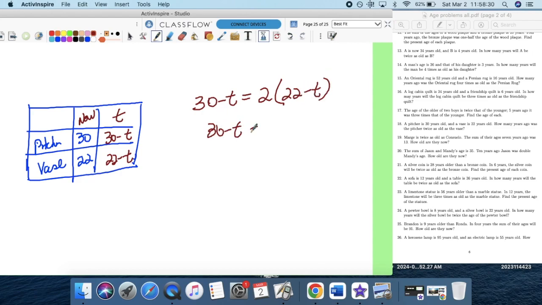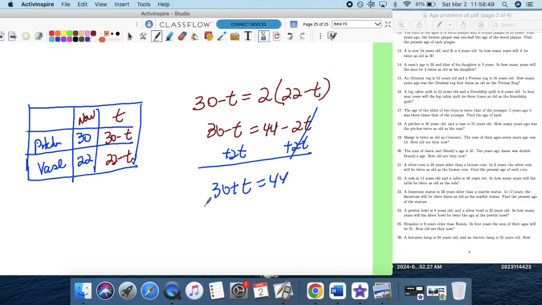30 minus t equals 44 minus 2t. We have variables on both sides. Let's get rid of this guy here. So let's do plus 2t, plus 2t. That goes away. 30 plus t equals 44, because minus t plus 2t is t. We're going to subtract 30 from each side.